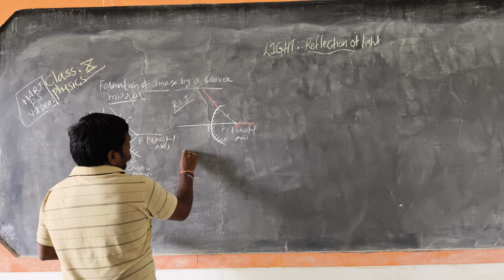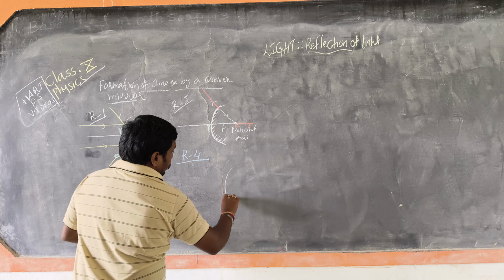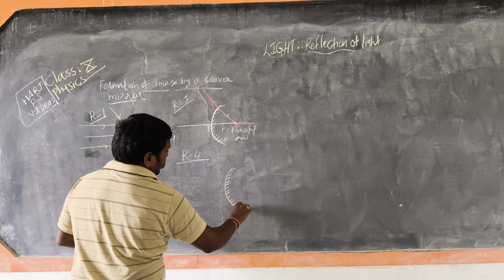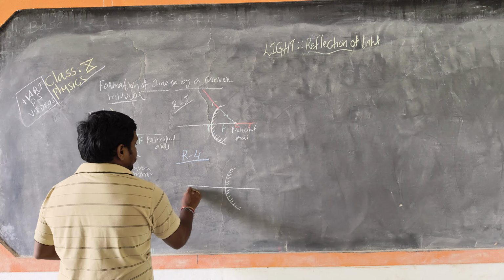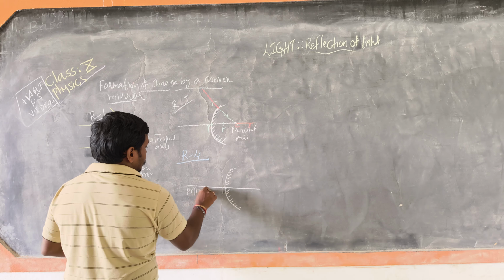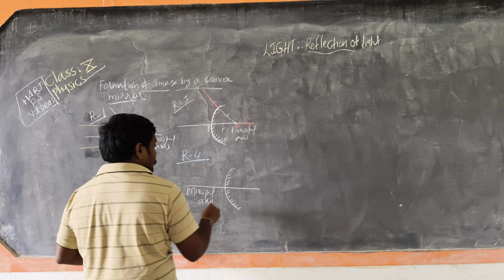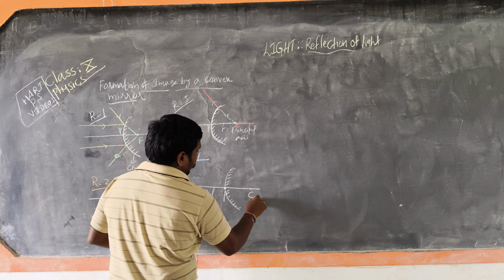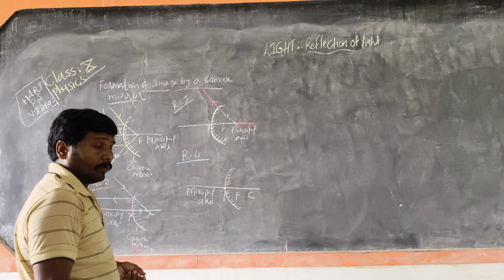Then rule 4. A convex mirror, principal axis, pole, here the center of curvature and here the focus.